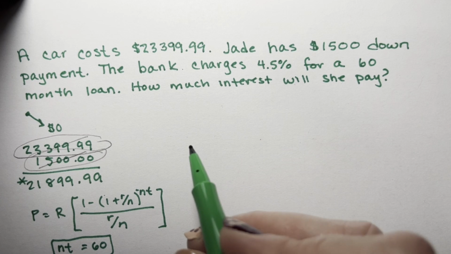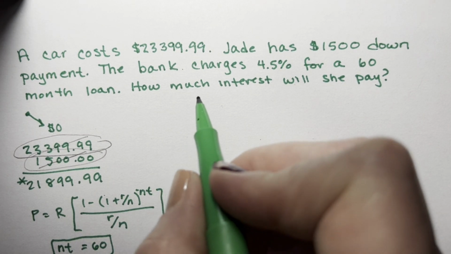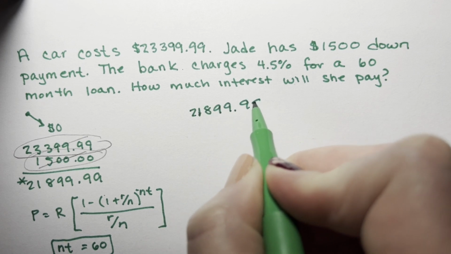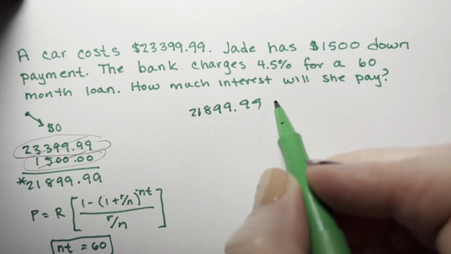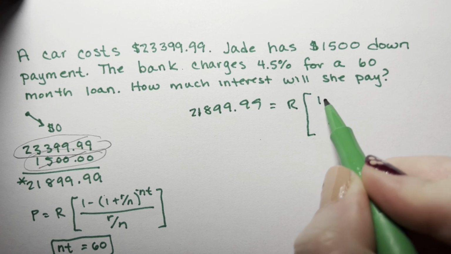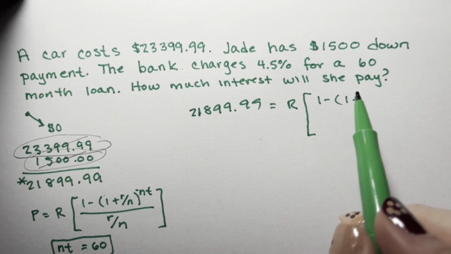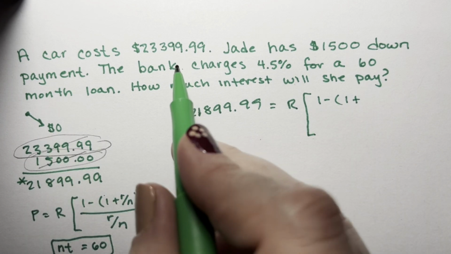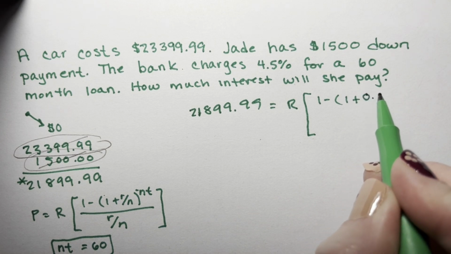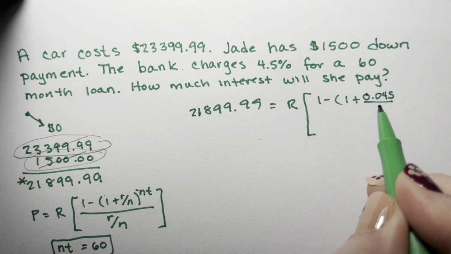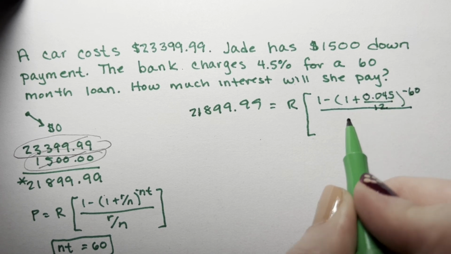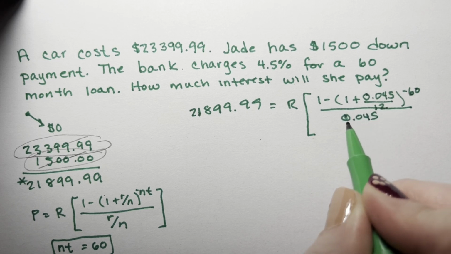So we know that the car loan, $21,899.99, equals R times 1 minus (1 plus that 4.5%, 0.045 divided by 12) to the negative 60, over 0.045 over 12.